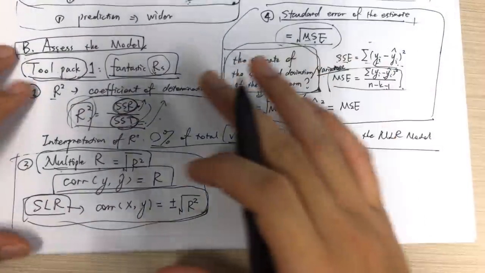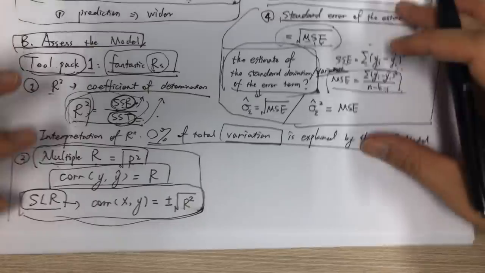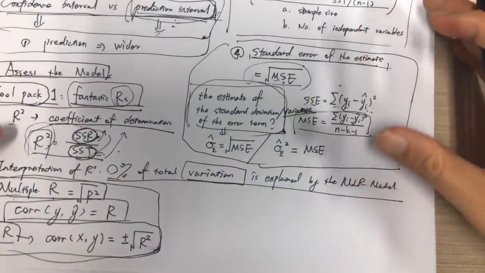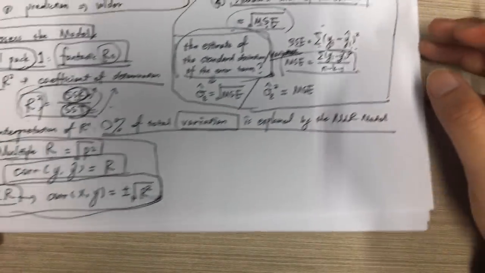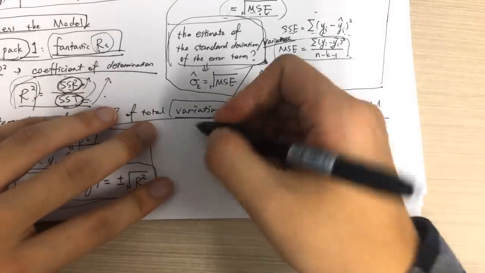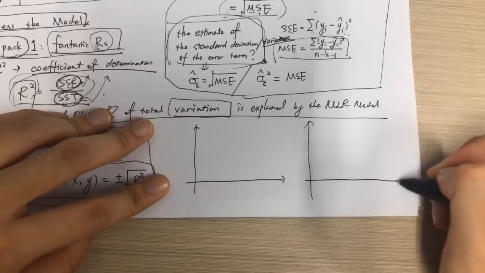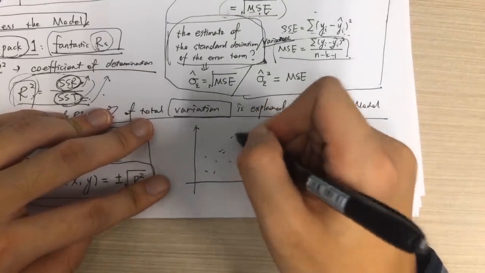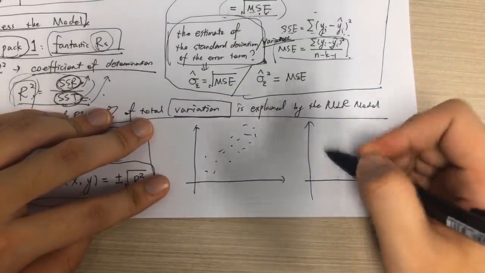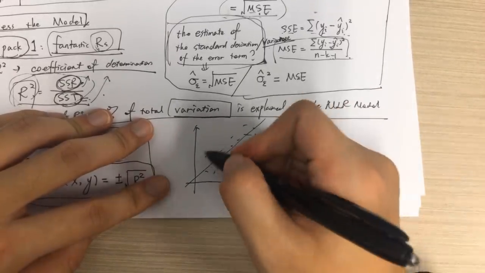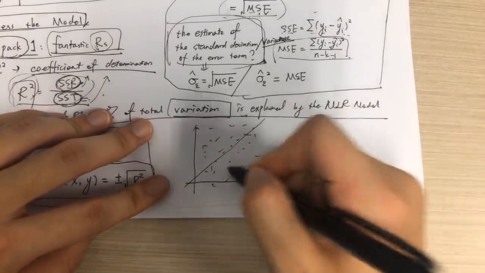So all of those criteria are able to help us to assess the model, whether the model is good or not, okay? So if I draw two samples in two different groups of data, so one group of data is like this, well, let's make it worse, okay?